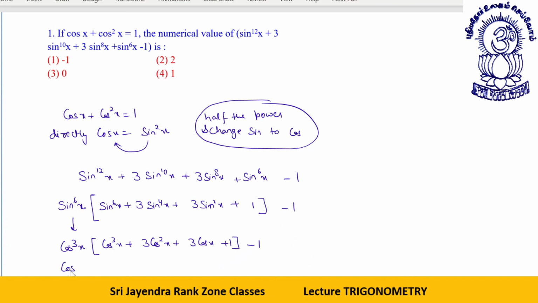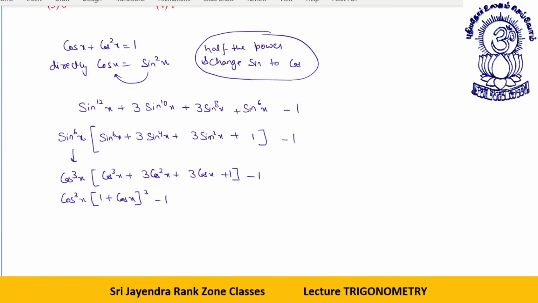This becomes cos cube x, and this is nothing but 1 plus cos x whole cube, minus 1. Now what will happen, dear students, is cos cube x into 1 plus cos x whole cube, minus 1. This was actually a bit tough question as compared to what you'll be seeing later on. Cos x into 1 plus cos x cube, or cos x plus cos square x whole cube, minus 1. Fine.